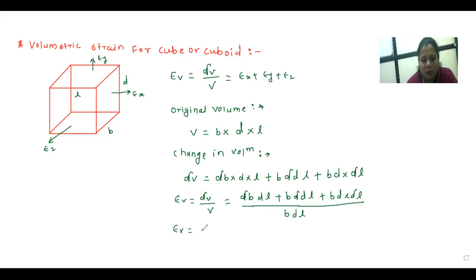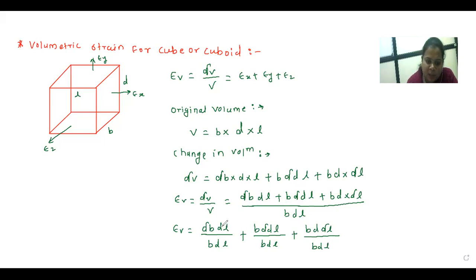So epsilon V is equal to del B into D into L divided by B into D into L, plus B into del D into L divided by BDL, plus B and D as it is into del L divided by BDL.